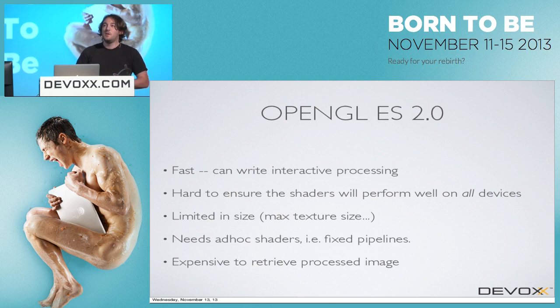Sadly, there's a lot of differences in performance between different GPUs and GPU vendors. So if you do something that works well on one GPU, that particular optimization might not work so well on a different GPU, etc. You also have limitations like, that's one of the reasons a lot of photo editors on mobile have a limit of 2048. It's because that's the max texture size on many, many GPUs.